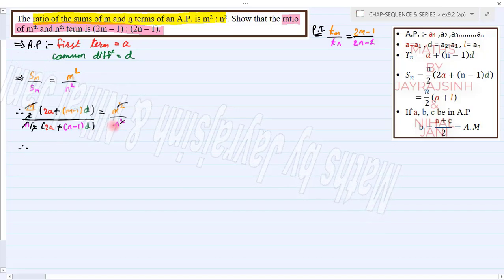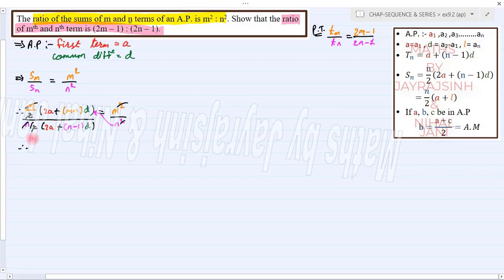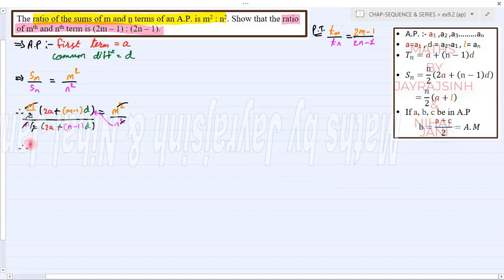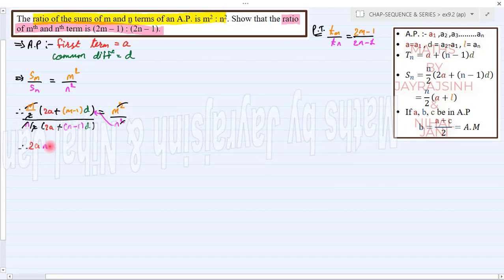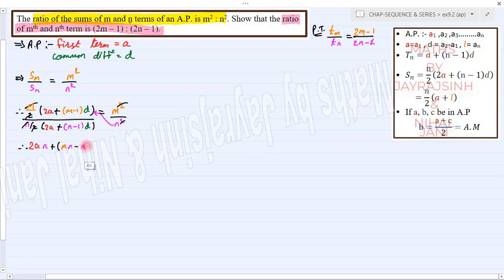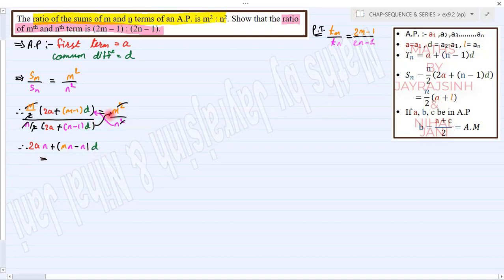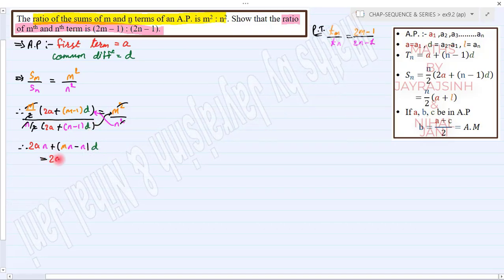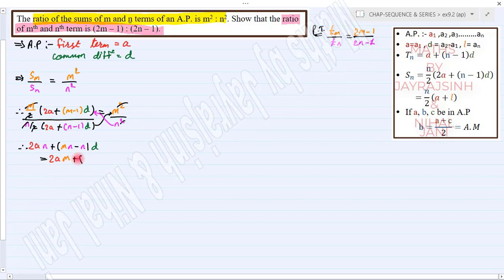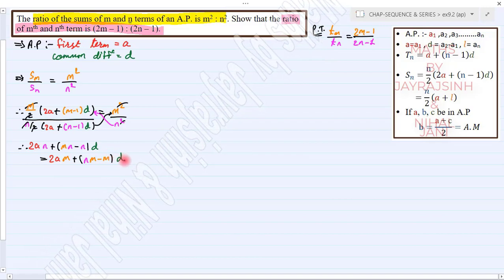Now for further simplification, you have to cross multiply. You have to multiply n with the numerator of the left hand side. We'll get 2an plus m into n minus n into d is equal to, let's move this term with m, 2am plus nm minus m into d.